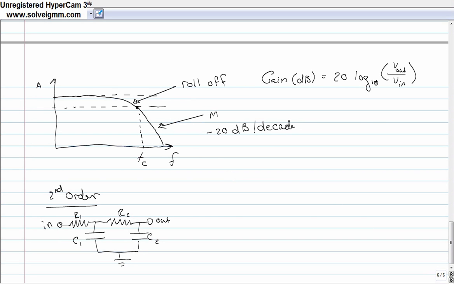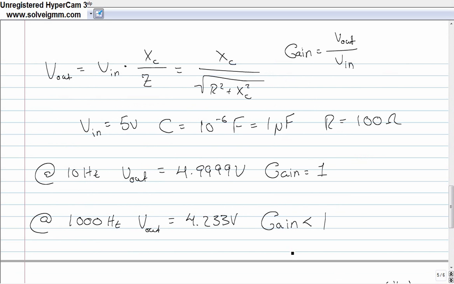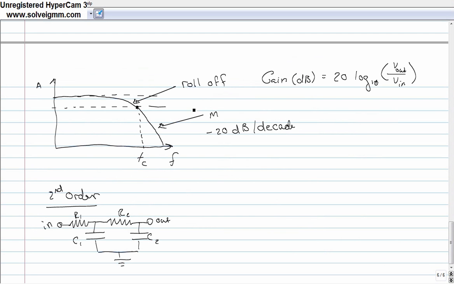Now, I'd mentioned a couple pages back, right here, about this difference in voltage. It's because of where each of these frequencies lie in relation to the cutoff frequency. Now, here's the formula to calculate cutoff frequency.